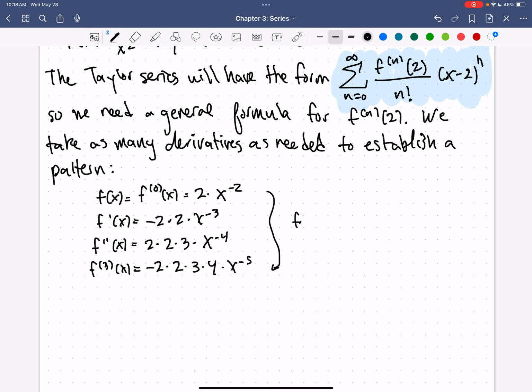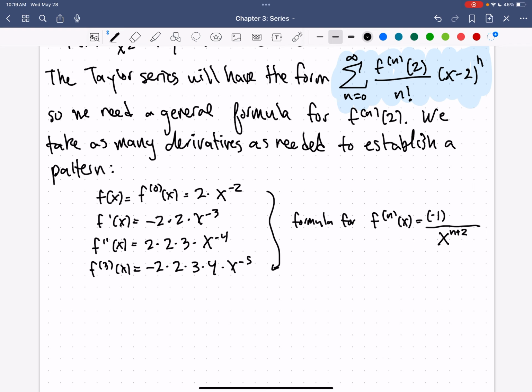And so from here, we can see that the formula for the nth derivative looks to be, well, the power of x that we have is like negative the derivative plus 2, right? So we can say that in the denominator, we have x to the n plus 2. Because for third derivative, we had x to the 5. Second derivative, we had x to the 4, and so on.